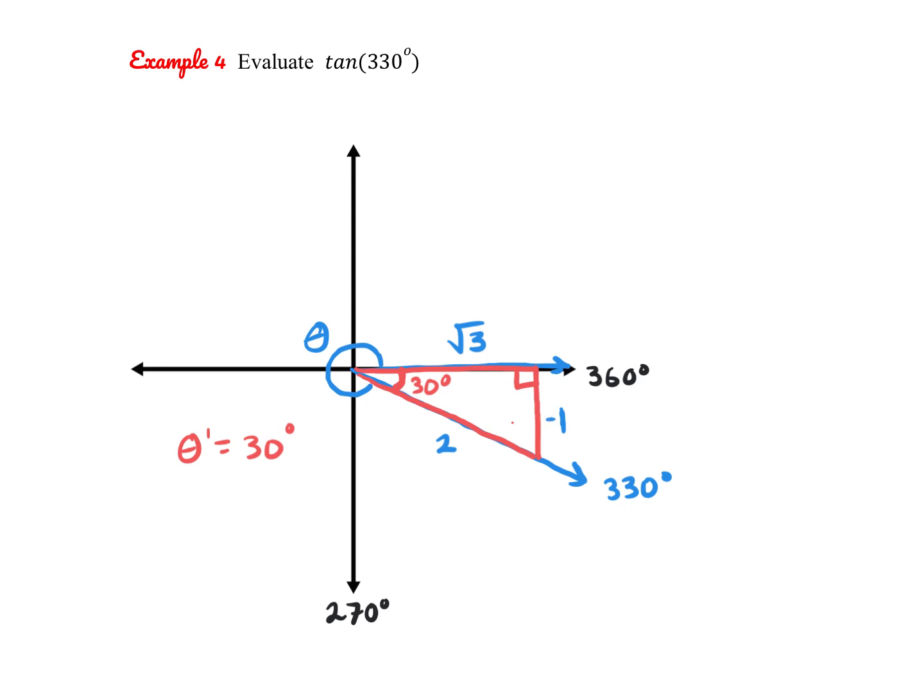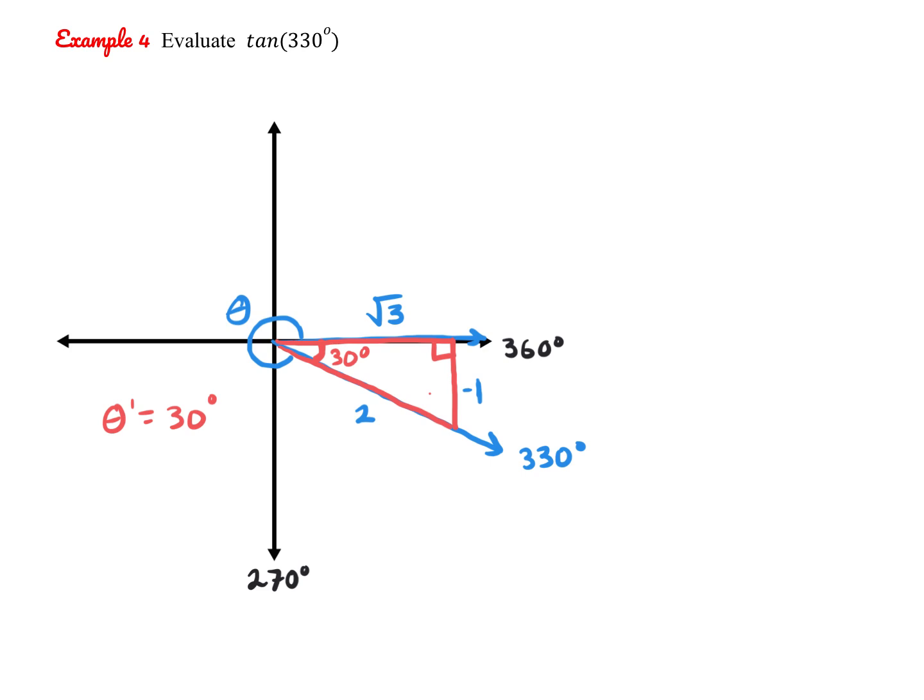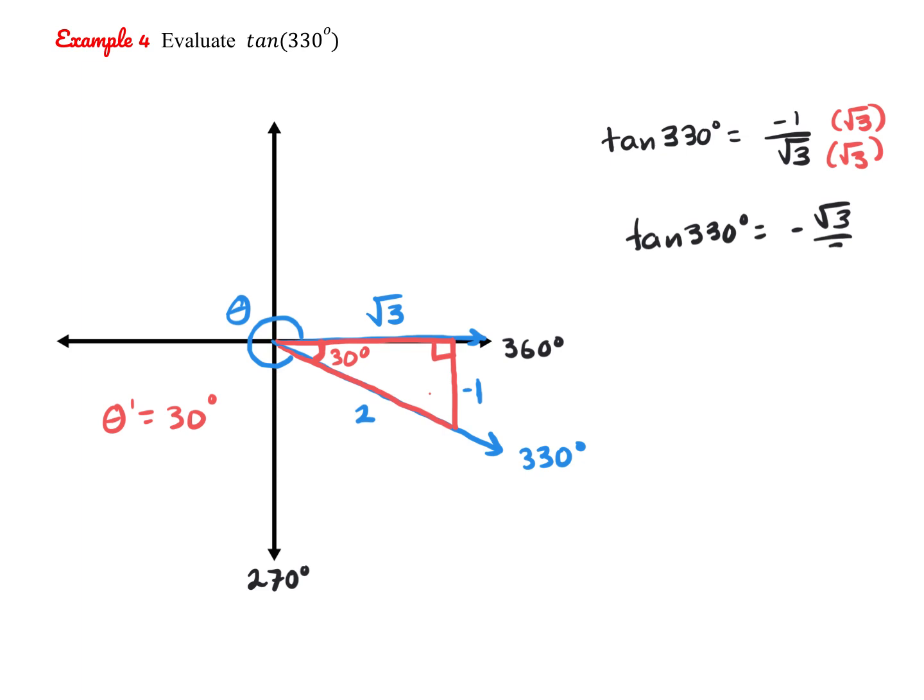So the tangent of 330 degrees is going to be negative 1 over root 3. We do need to rationalize. So the tangent of 330 degrees is negative root 3 over 3.